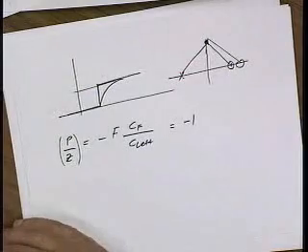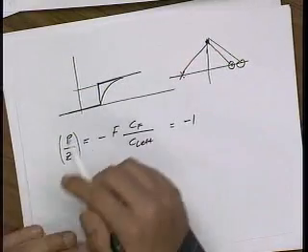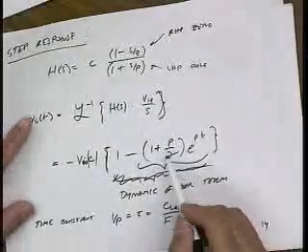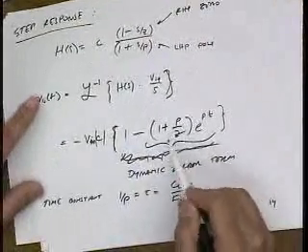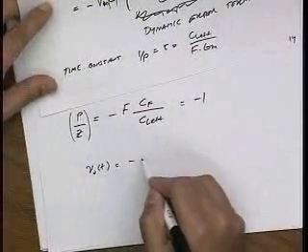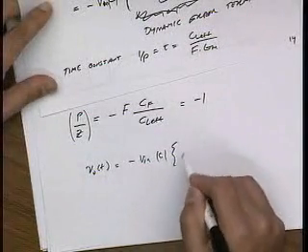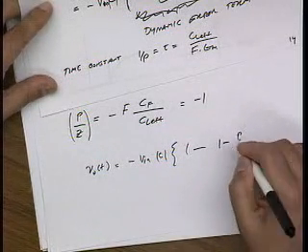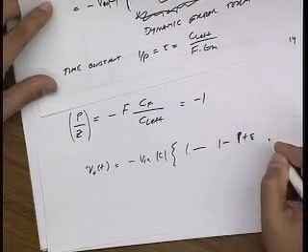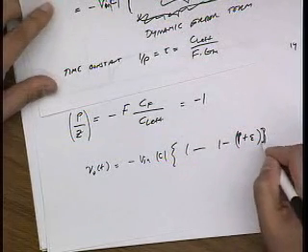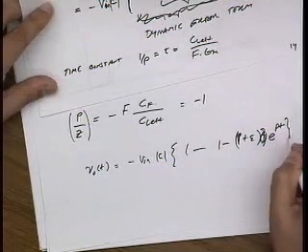So if I go back and look at this equation, say P over Z is minus 1 plus epsilon. Let's assume that V out of t is minus V in C times (1 minus P over Z), which is 1 plus epsilon, times e to the pt.